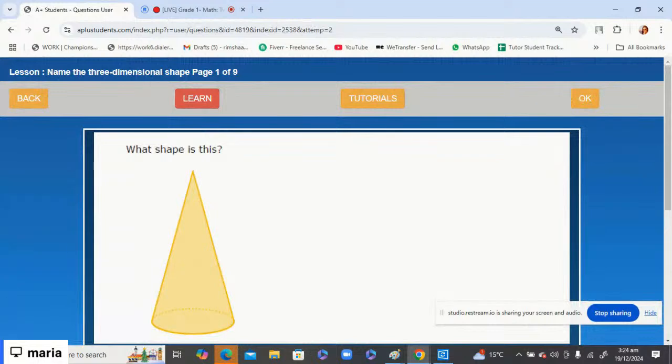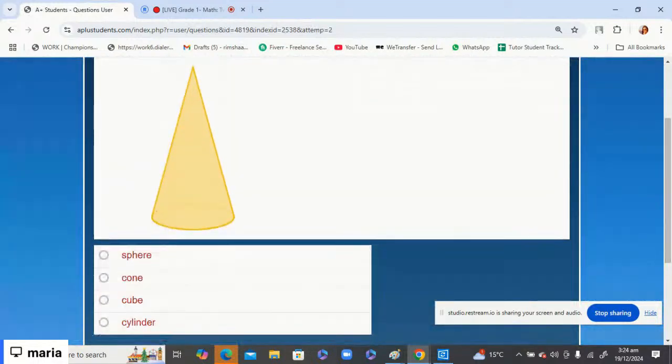What is this shape called? Everyone tell me in the chat. Is it a sphere, a cone, a cube, or a cylinder? First of all, check it out. Is it a sphere, like are there circles involved here? No, the circles are not involved here. So you can say that no, it's not a sphere.